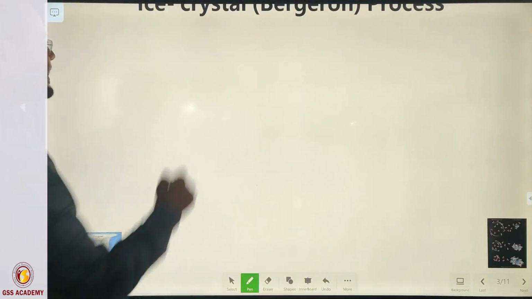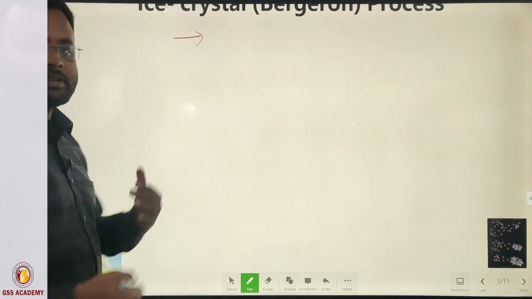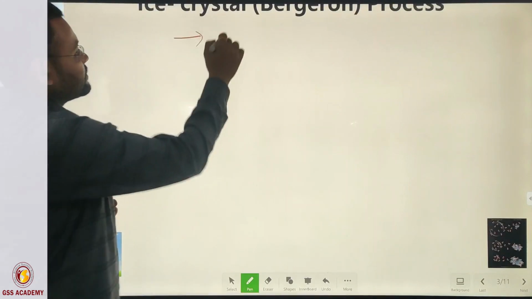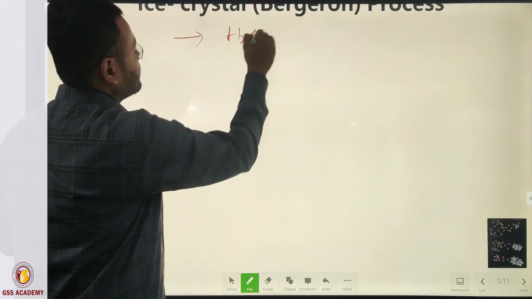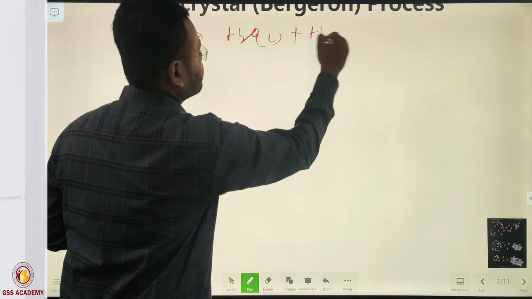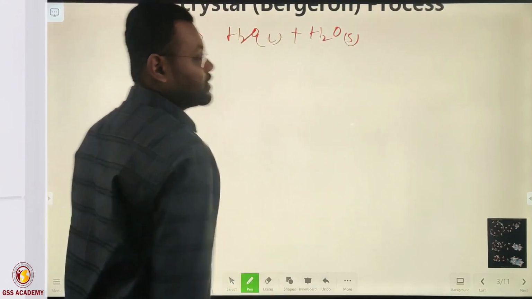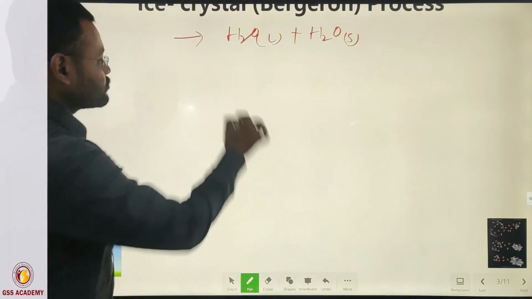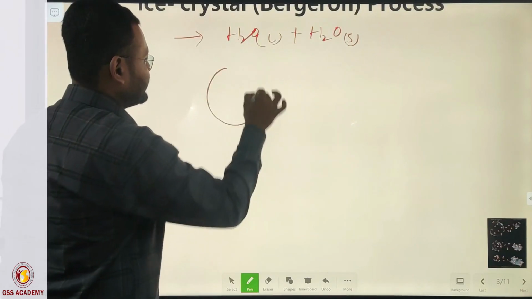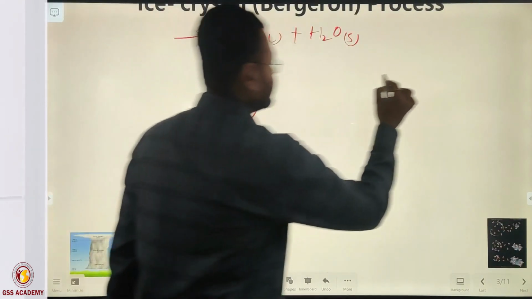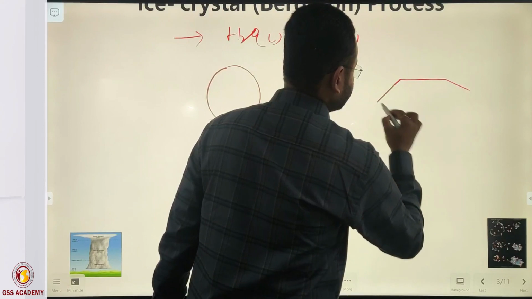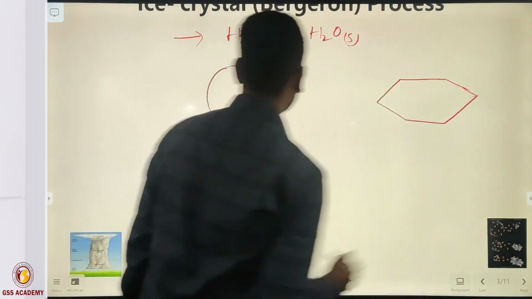Now coming to the Bergeron process. As I have already told, the Bergeron process normally takes place where liquid water and solid water coexist within a cloud. That means within a cloud we have liquid water as well as solid water, or ice.